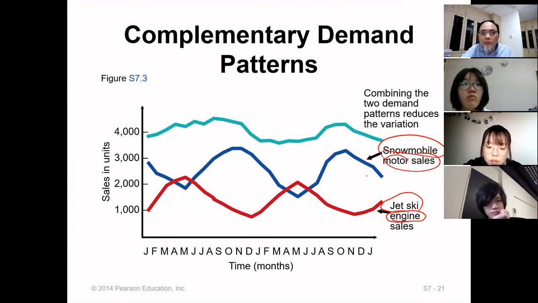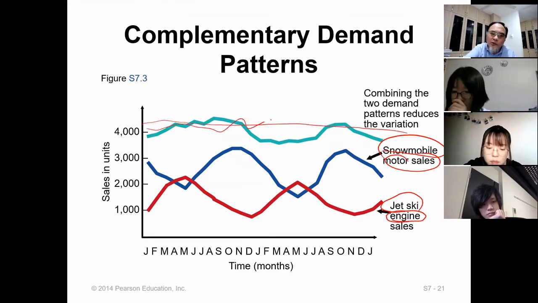So you combine the two demands so that you reduce the variation. In your company, your capacity can then be almost maintained if you have 2 or 3 different product combinations.